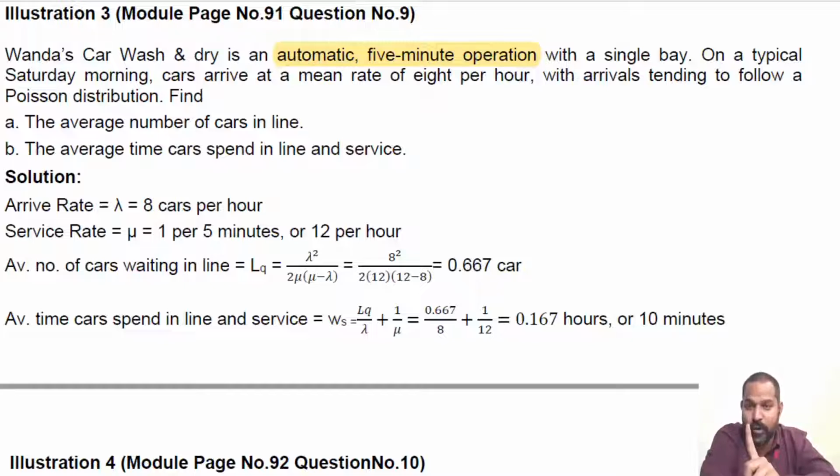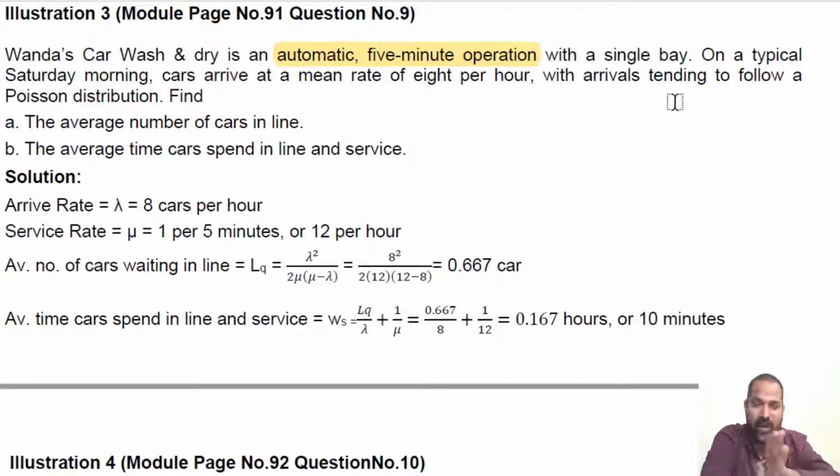If they had said average of 5 minutes, which means some cars take more than 5, some less, on an average 5, then I could say that this is random, probabilistic, or exponentially distributed. If they say it is an automatic 5-minute operation, without mentioning average, then this is a fixed service question with a single bay. What do you mean by a single bay?